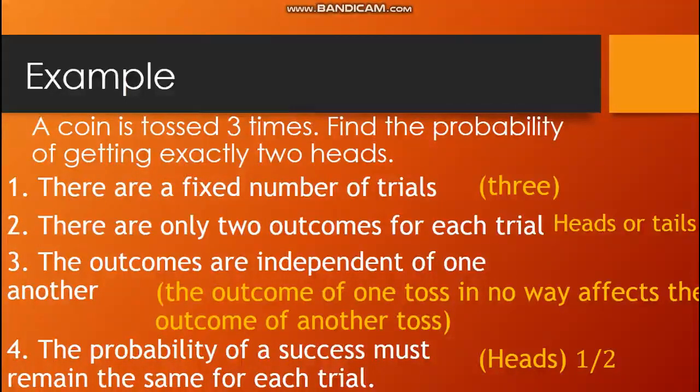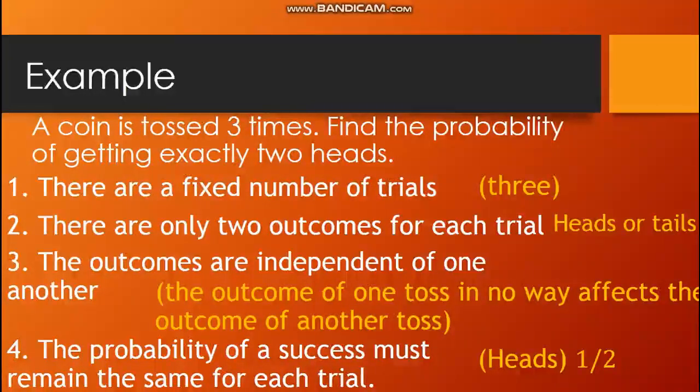So, fix yung number of trials. Number 2, there are only 2 outcomes for each trial. Tama. Heads or tails. Satisfy natin number 2. Number 3, the outcomes are independent of one another. Says the outcome of one toss is no way affects the outcome of another toss. So, hindi na-apektuhan yung trial. So, independent yung bawat trial or outcomes ng trial.